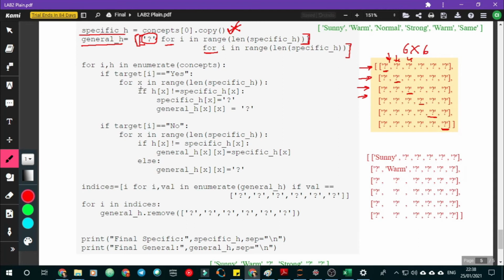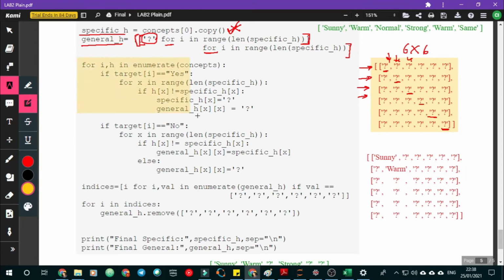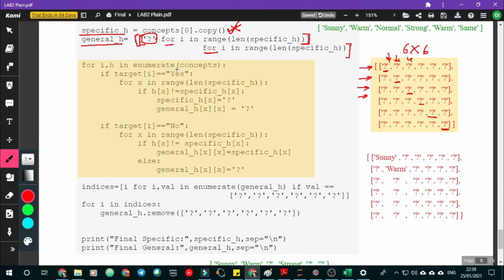Now my logic is from here to here. What is the logic? The logic has two cases, as we already know: reading the positive examples, and reading the negative examples.